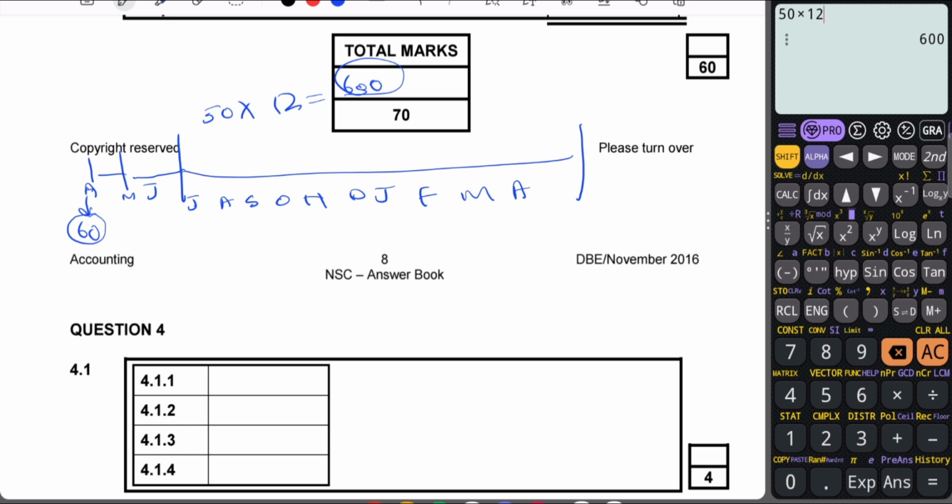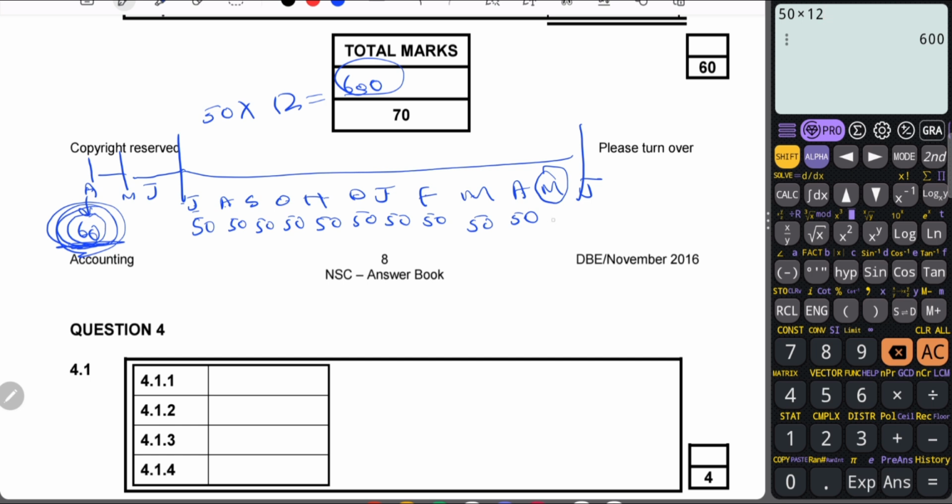Let me continue with my example: 50 rand each month, from April, May, June, and so on. But remember here I paid 60 rand and I was supposed to pay 50 rand, and the 10 rand was for the repairs and maintenance.